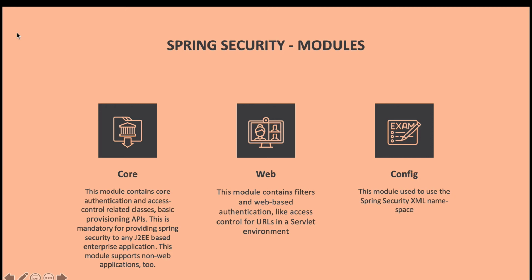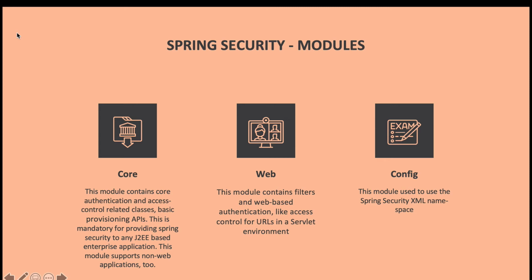For example, the core module is something you need to have as a dependency if you want to use Spring Security. It is the core for authorization, authentication, and other security mechanisms, even for non-web applications, right? Now, in terms of the web application, let's say you want to add Spring Security to your web application.